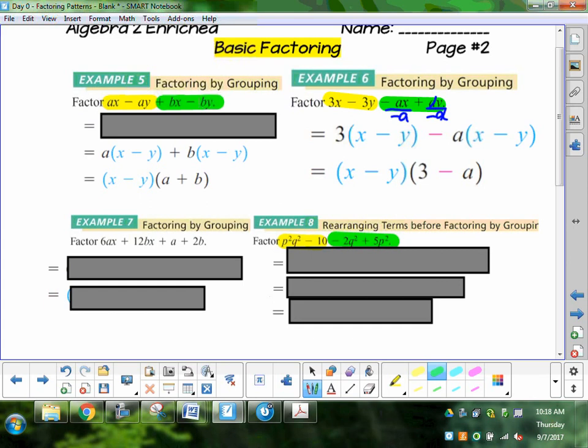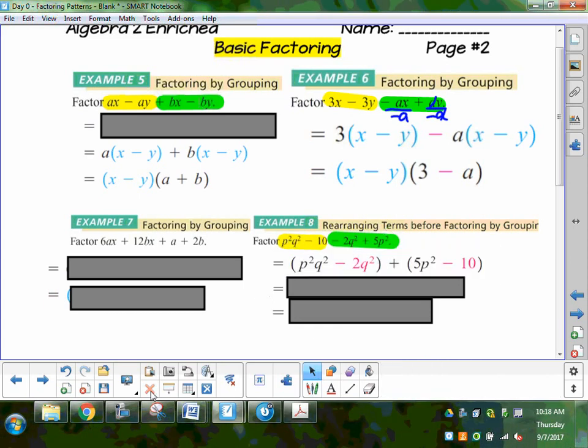What do the 5 and 10 share as a common factor? A 5. What do these guys here share as a common factor? A q. So I rewrote it as this. I'm going to regroup it, make sure the signs stay the same, but I'm going to rewrite it as this. What's the benefit of rewriting it that way?